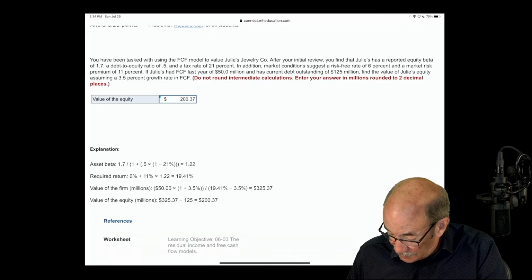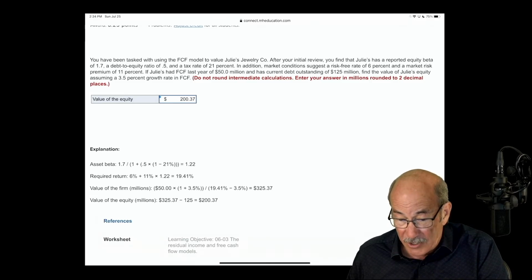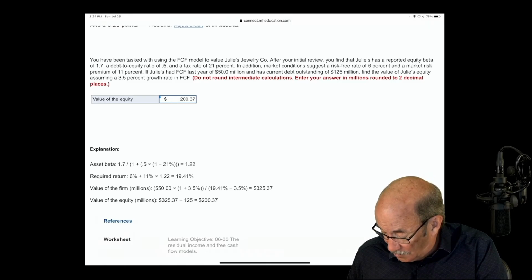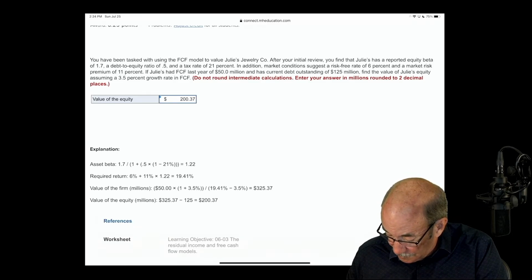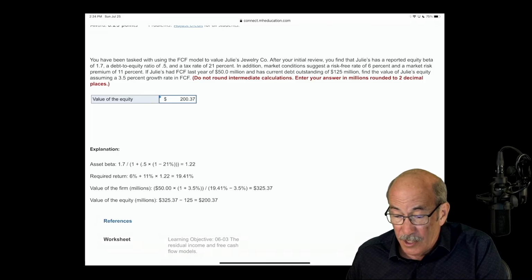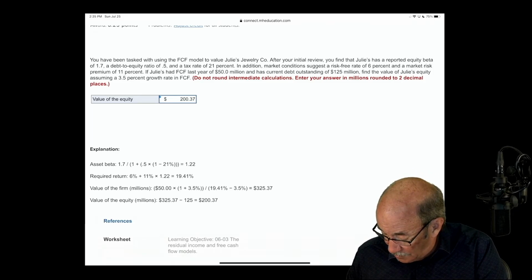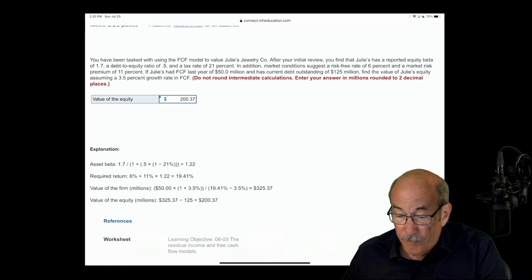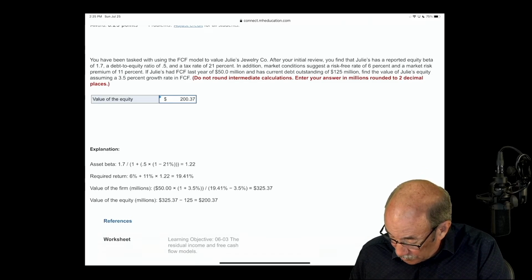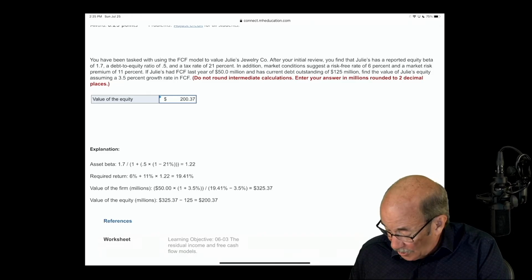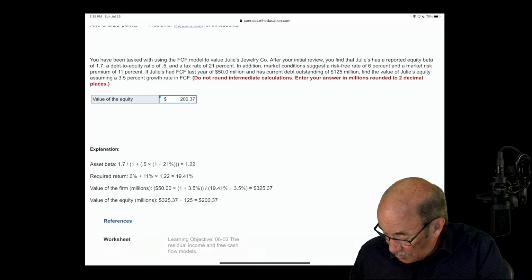And Julie's free cash flow from last year, so free cash flow sub zero, is 50 million. Current debt is 125 million. And find the value of Julie's equity, assuming a 3.5% growth rate. So the growth of free cash flow is 3.5%, so 0.035.